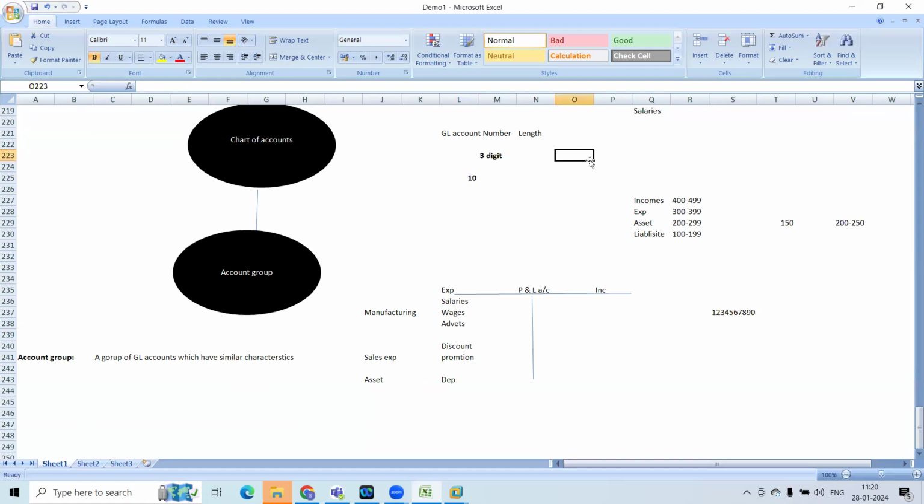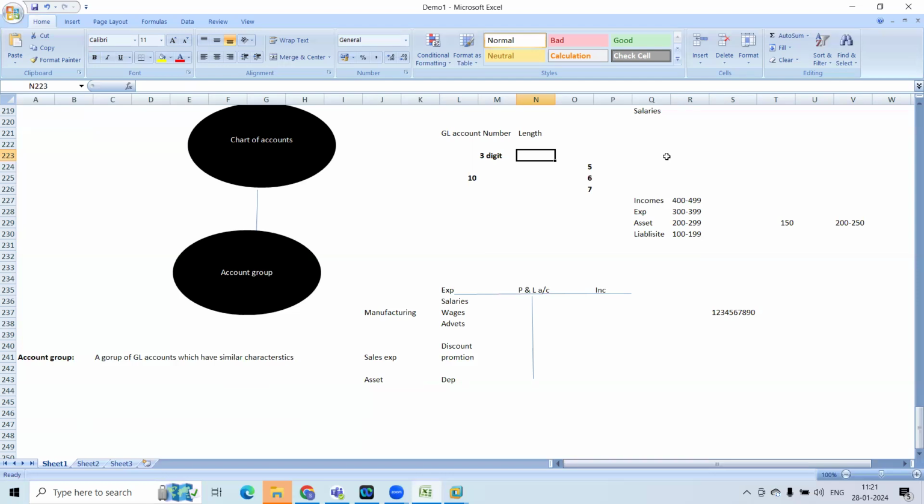So usually, if your business is small, then we can go with a 5 digit length. If it is medium, then 6. If it is very huge, then you can go with 7. So how will you come to know? You need to check their previous tally or something, how much the business volume is.